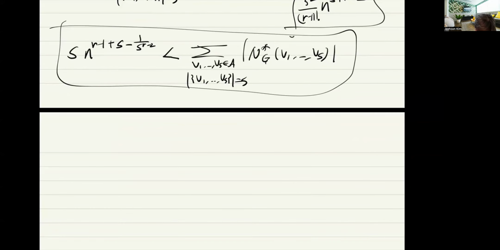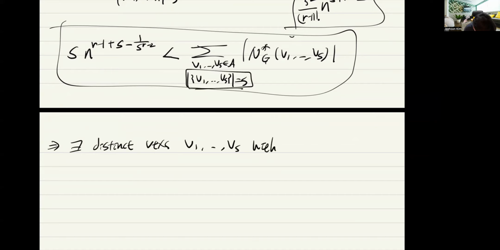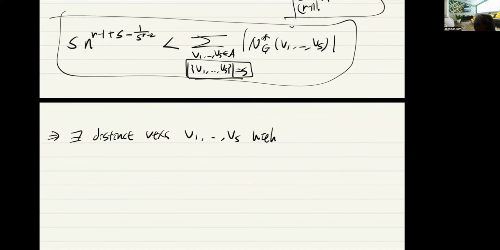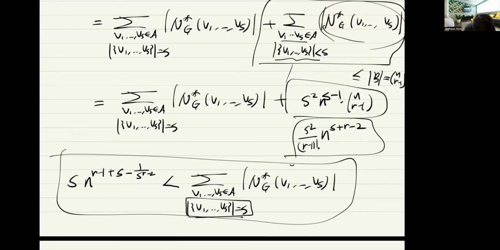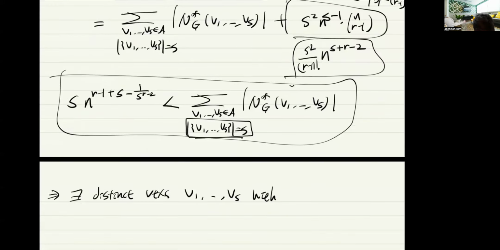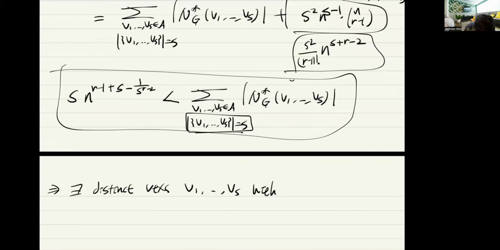But what do you get? From here, there exist distinct vertices, so s vertices b1 to bs, with this condition. So here, the choice is at most n to the f.